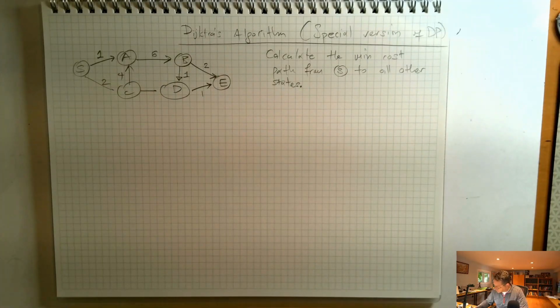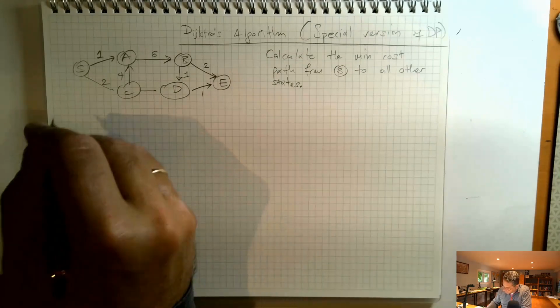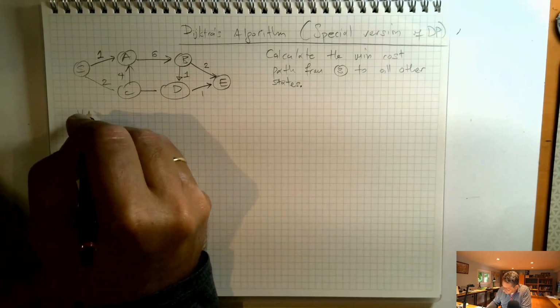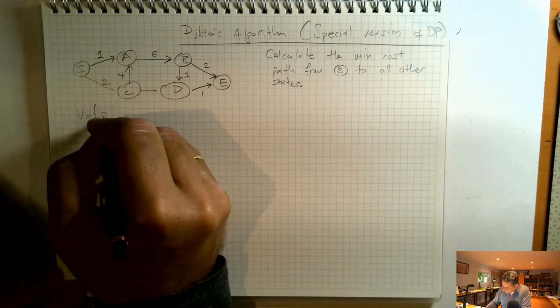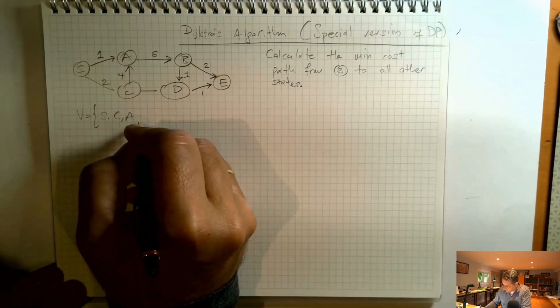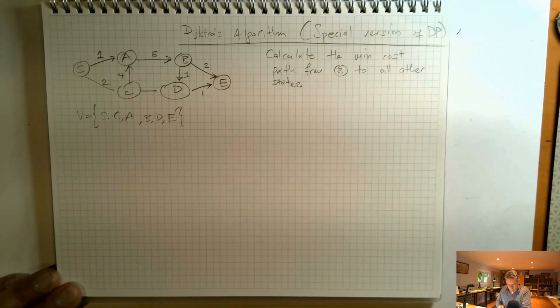That's the problem that we will need to solve here. We have the graph, and the graph has these vertices: S, C, A, B, D, and E. And obviously it has some kind of edges.